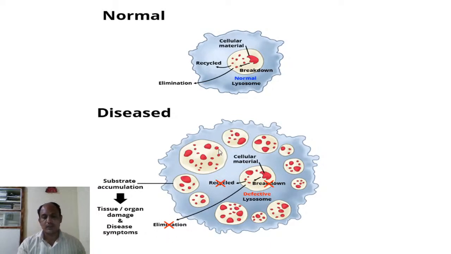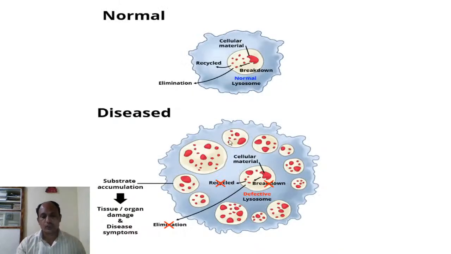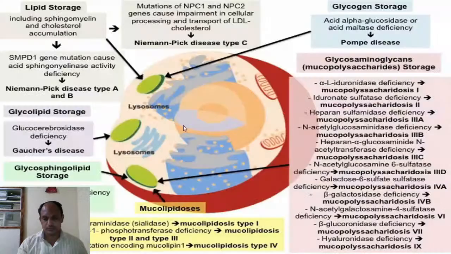That's why that cellular material, or those lysosomes, get accumulated inside the cells, and that causes the killing of cells. So there is an accumulation of that substrate material, which causes damage to the tissues or organs, and different types of symptoms occur. This is the difference between normal lysosomes and diseased lysosomes, or we can say non-functioning lysosomes.